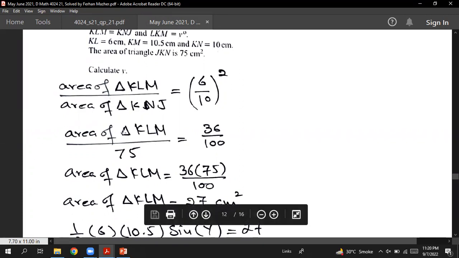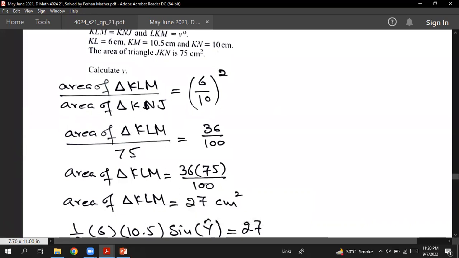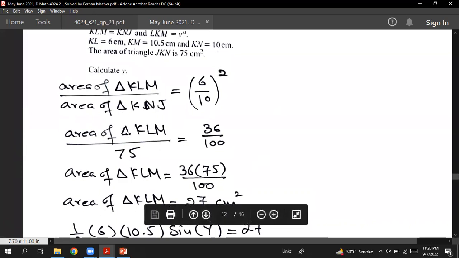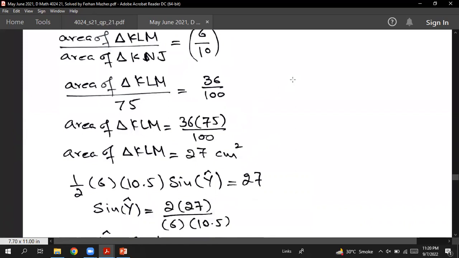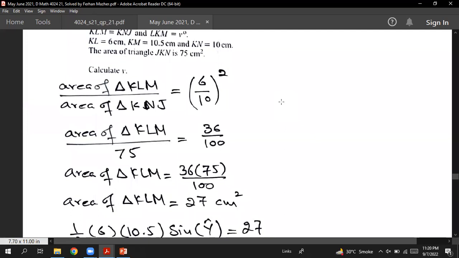The area of triangle KNJ is given, that's 75, and the ratio will be equal to 36 by 100. So the area of triangle KLM will be 36 multiplied by 75 divided by 100, which is 27 centimeter square.